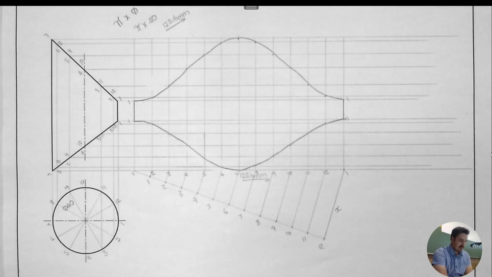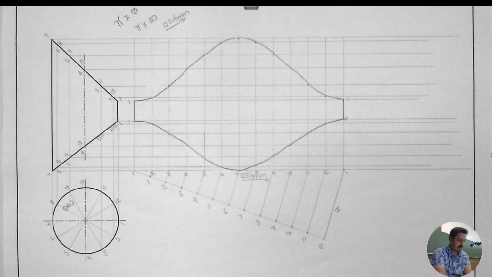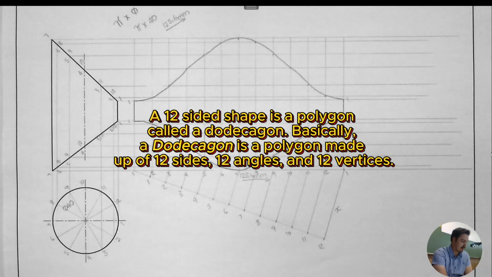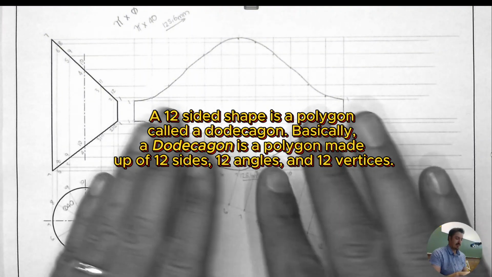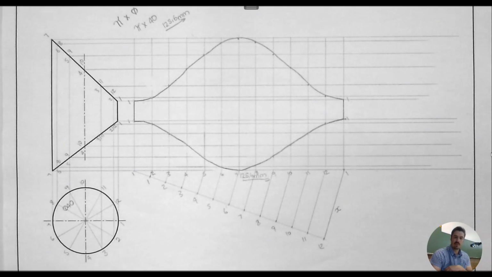Alright, so that's it. When it comes to the cylinder, we don't add any folding lines like we've done with the previous drawing. Otherwise you are going to fold this so it looks like a 12 angled shape. So as it stands now, that's it. So if you take these and you bring them together, you will get exactly this shape here. Alright, let's move on to lesson number 3.